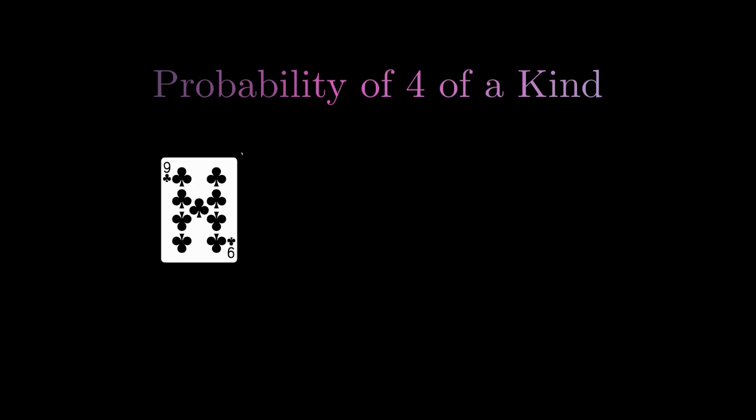All right. So when we think about the numerator, we want to count how many ways can we make 4 of a kind. Okay. So in this case, you think about choosing the denomination for your 4 of a kind. There are 13 different denominations in a deck of cards from ace up to king.